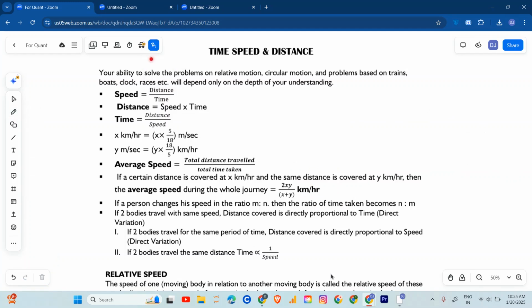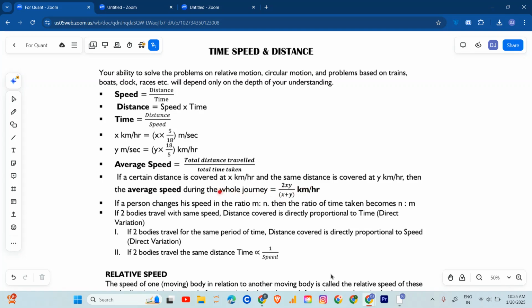So it is written that if a certain distance is covered at x kilometer per hour and the same distance is covered at y kilometer per hour, then the average speed during the whole journey is equal to 2xy divided by x plus y, in units of kilometer per hour. Okay.